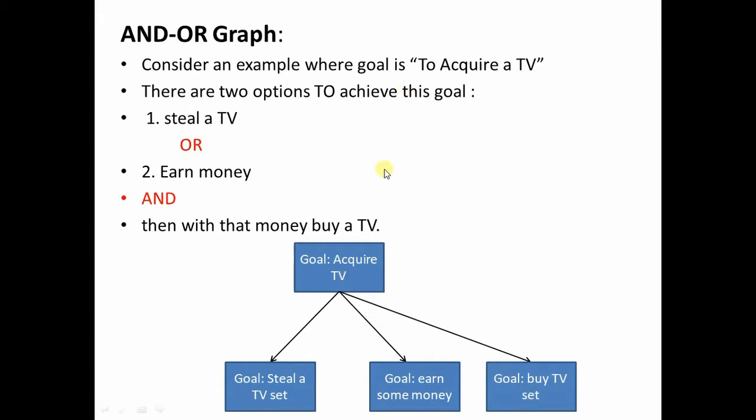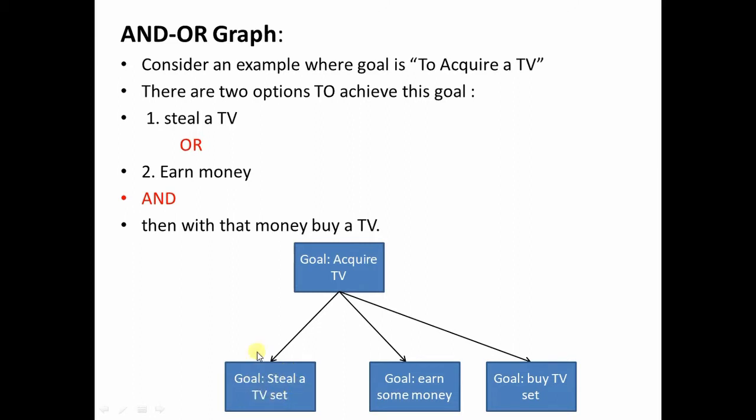Why is this particular problem taken? Please see, there is something called OR over here, and there is something called AND over here. Let me explain. Your main goal is to acquire a TV. You can achieve this goal if this sub-goal is achieved independently, that means you can steal a TV.